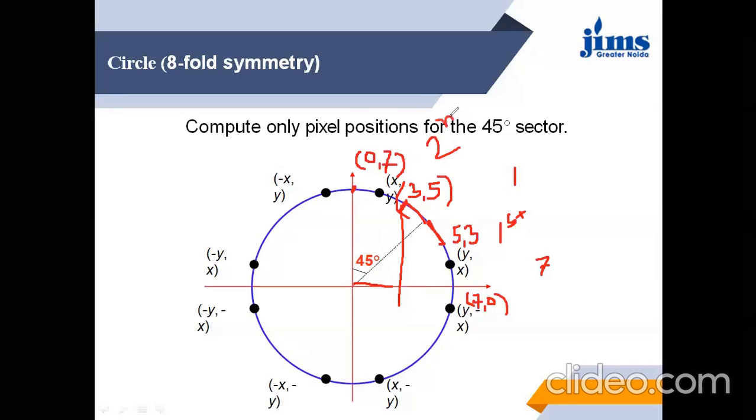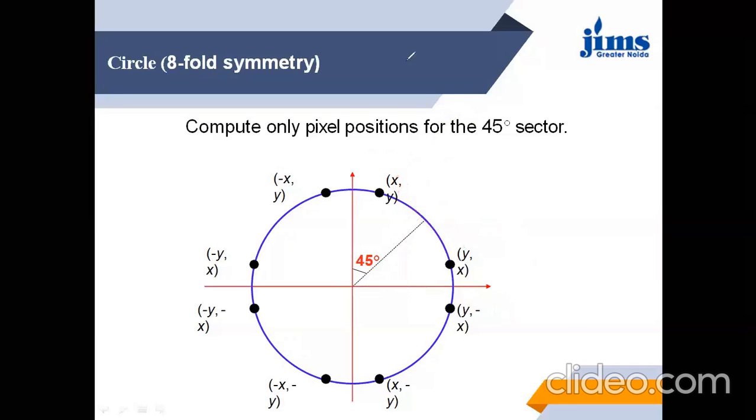So it's easier for me to find the values of the pixels in only one octant. This is the reason that we are dividing the complete circle into 8 octants. This is octant 1, 2, 3, 4.